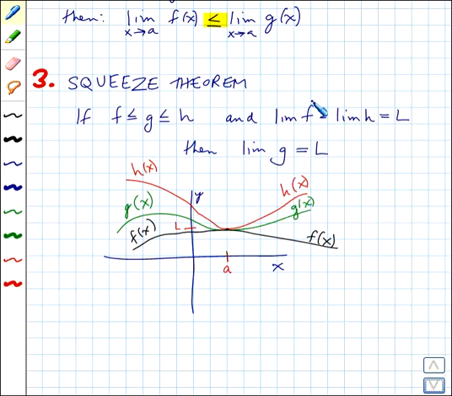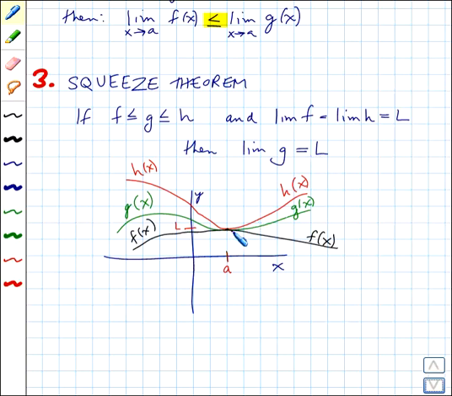If that's true, and the limit of f as we approach a is equal to the limit of h as we approach a, and that is equal to L, that is to say that if h, see h here, has a limit at a of L, the limit of this lower function in black, f, is also L, then the limit of g, the middle function in green, is also equal to L.